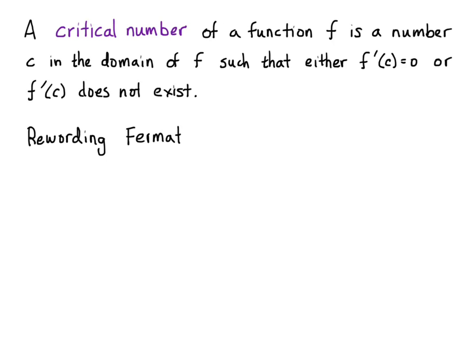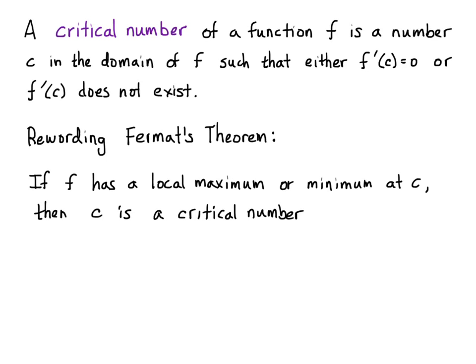Okay, so if we reword Fermat's theorem, what it says is that if a function has a local minimum or maximum at C, then C is a critical number. The way I defined it before, it basically said that if it has a derivative, the derivative is 0 at a local minimum or maximum.